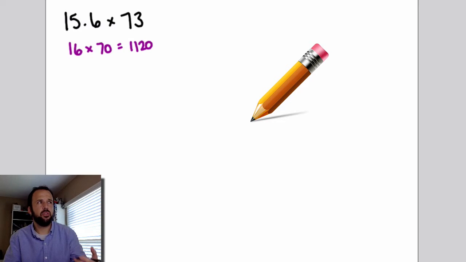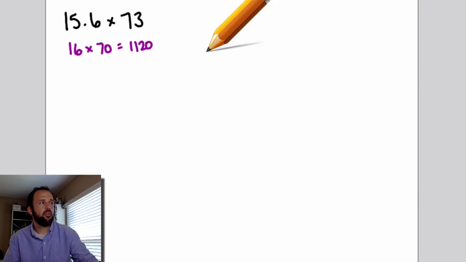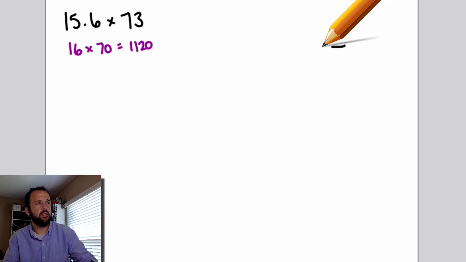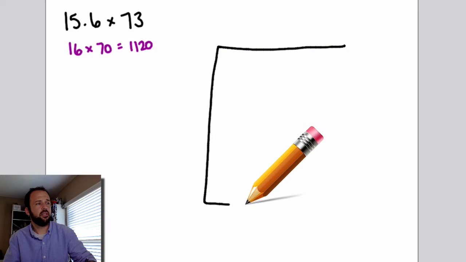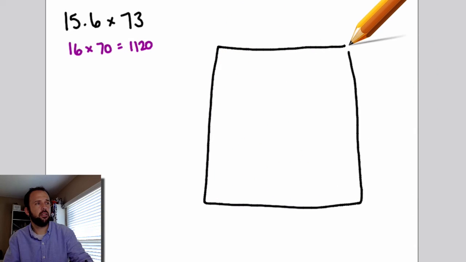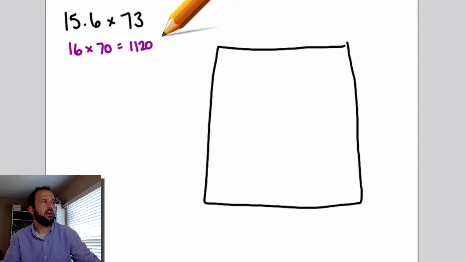I'm going to use that to help me kind of break apart my numbers and understand what we're multiplying, get those partial products, and then add them together. And then I'm going to use my standard algorithm so we can compare the two. So for my area method, I'm going to start here, and I'll draw a rougher rectangle this time. And I'm going to think of my 15 and 6/10 as just tenths, okay?